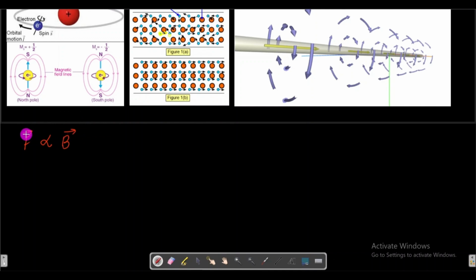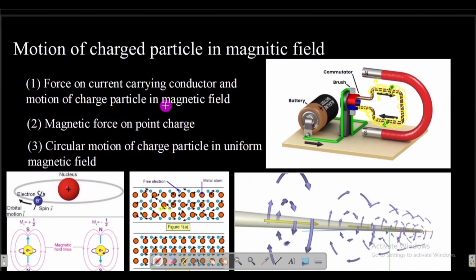Similarly, the second one: if we increase the current in this conductor, then more magnetic field will be produced around this conductor, due to which much more interaction will occur with the external magnetic field.